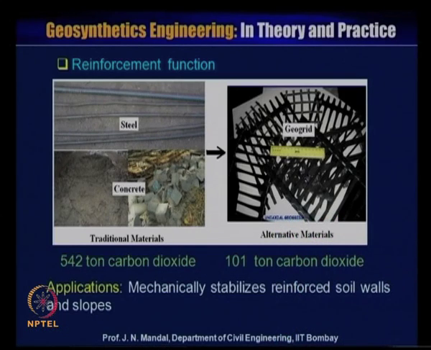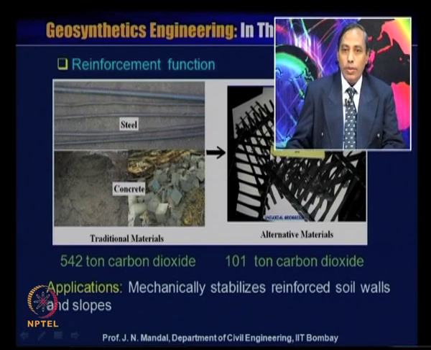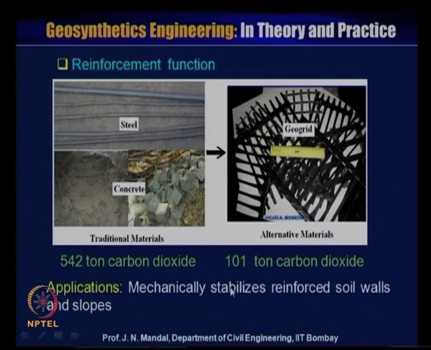Now, I said that the traditional materials which act as reinforcement, steel and concrete, have an alternative in geogrid material. You can see 542 tons of carbon dioxide if you use steel and concrete, whereas if you use geogrid material, you can see 101 tons of carbon dioxide.